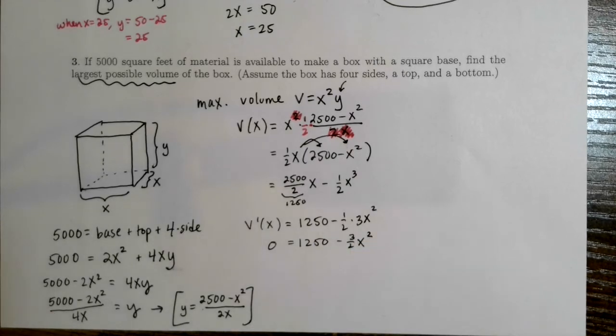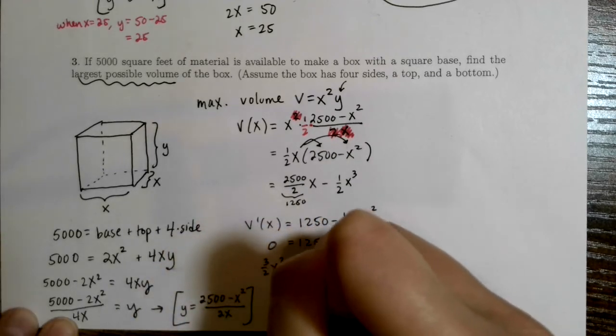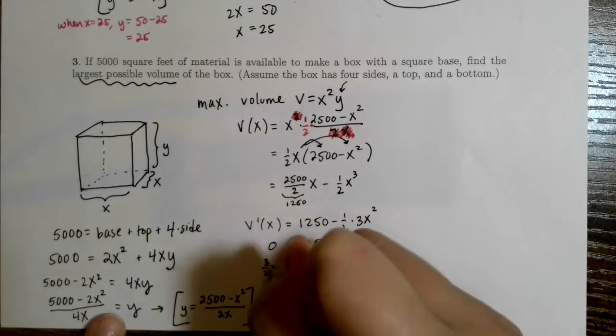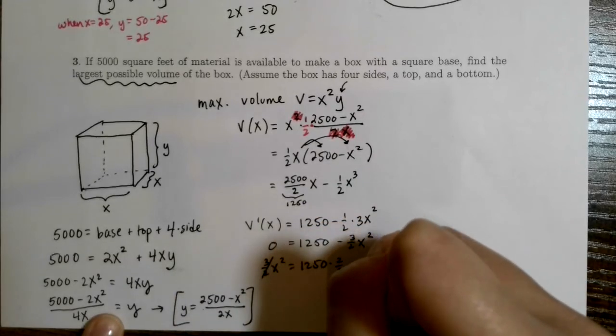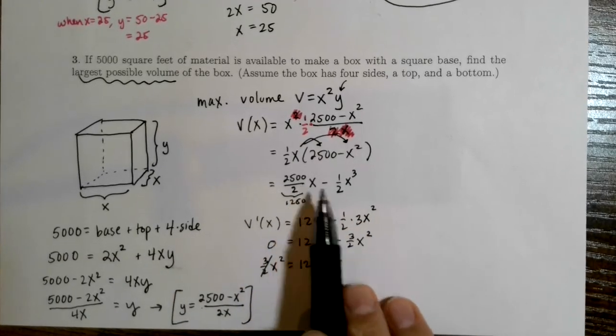Right, and I'm going to solve for x. I'm going to add 3/2 x squared onto the left. I want to divide both sides by 3/2, which is the same as times 2/3. So 1,250 times 2 brings us back to 2,500.